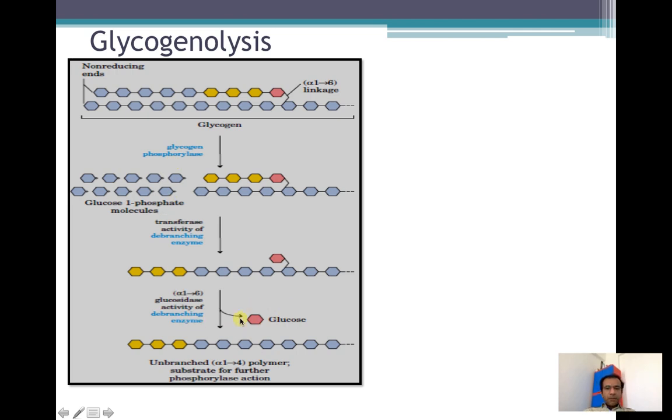Further on, now we don't have any branch here, and all these glucose molecules are in alpha 1,4 linkage. So glycogen phosphorylase once again will start to act on individual branches, and there will be loss of glucose molecules in the form of glucose 1-phosphate. So it's a mechanism which takes help of only two enzymes, glycogen phosphorylase and the debranching enzyme.